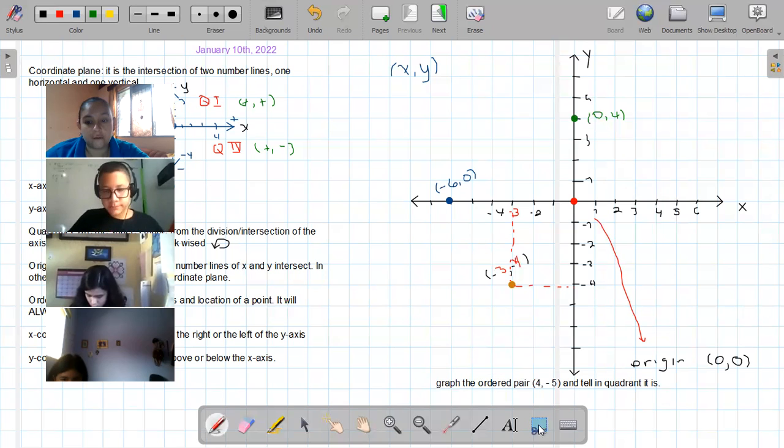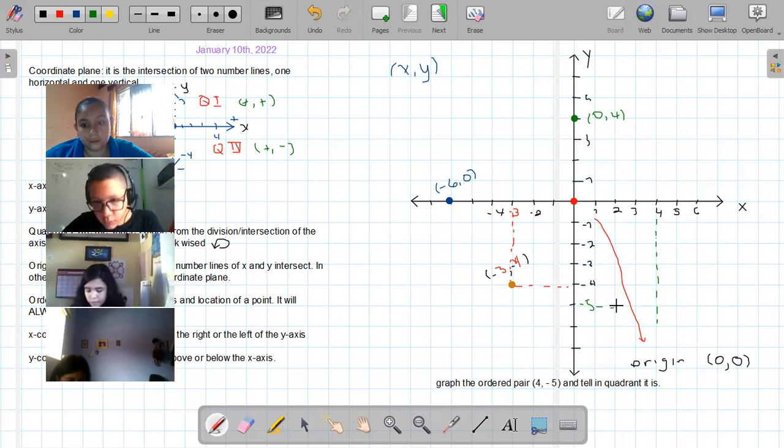So I'm going to say, okay, 4 over here. This is 4. And since it is in the 4th quadrant, I'm going to use a dashed line. I can do a dashed line if I want, or if I don't want to, just use my finger. And it goes all the way to where? To the -5, right? -5 is over here.